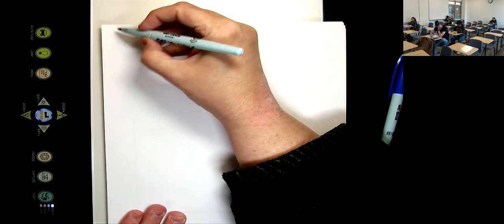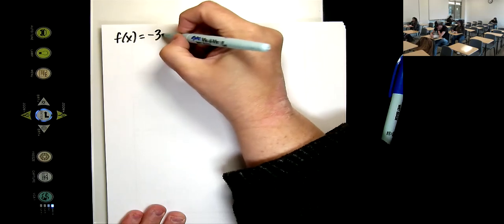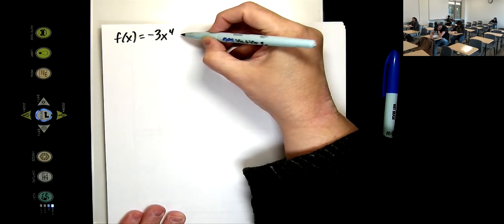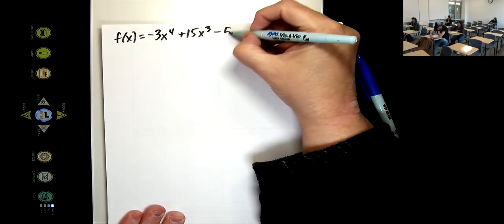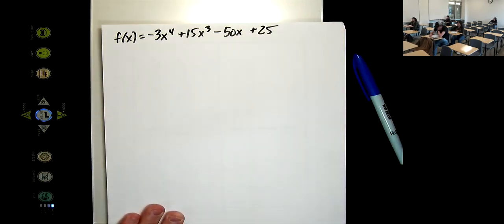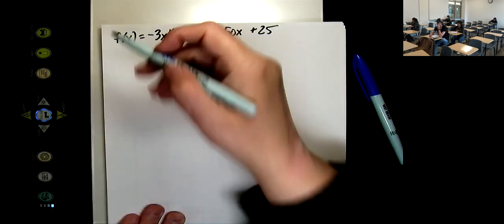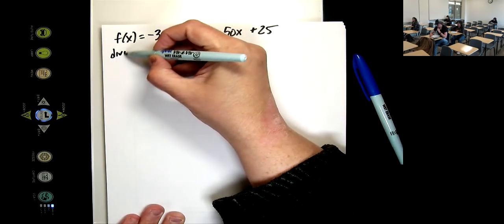Let's do f of x equals -3x to the 4th plus 15x cubed minus 50x plus 25. And we want to see what happens if we divide by x minus 4.